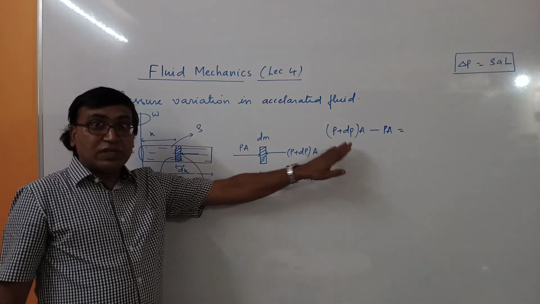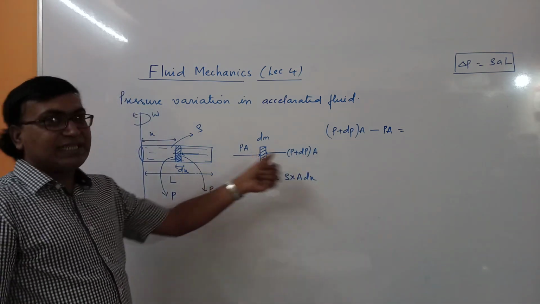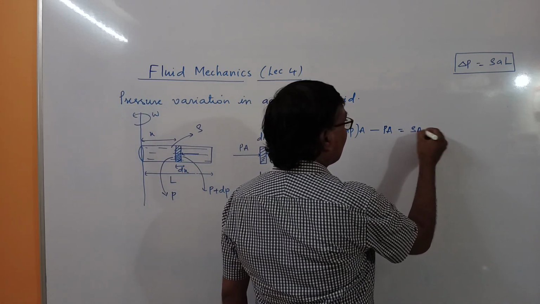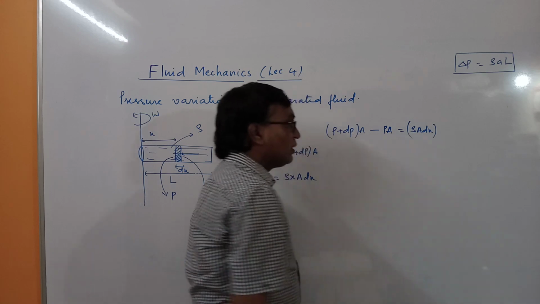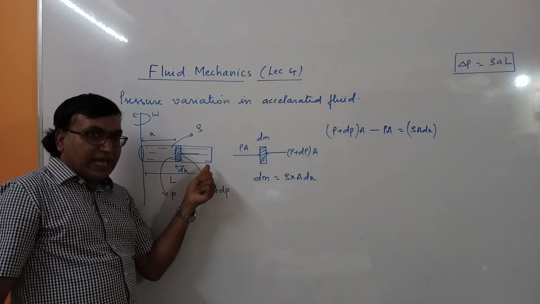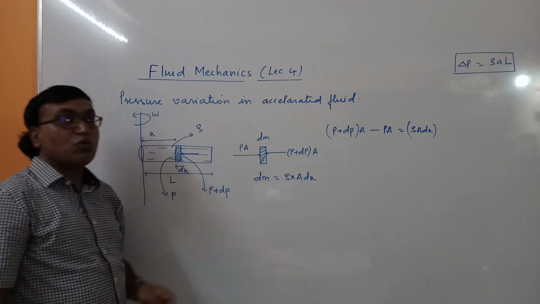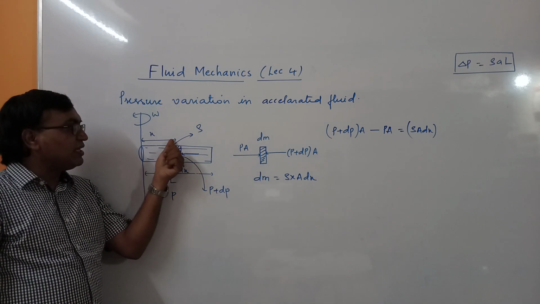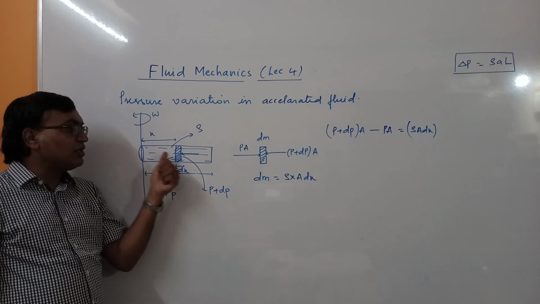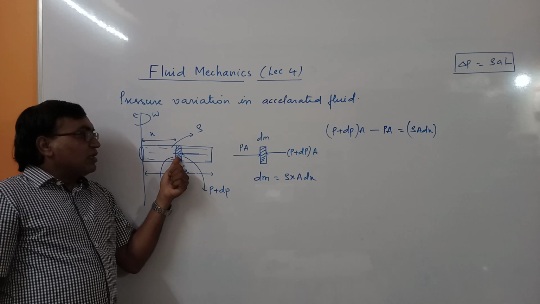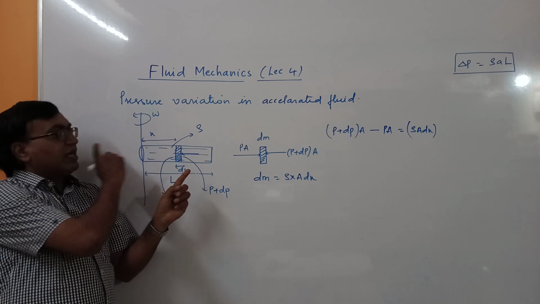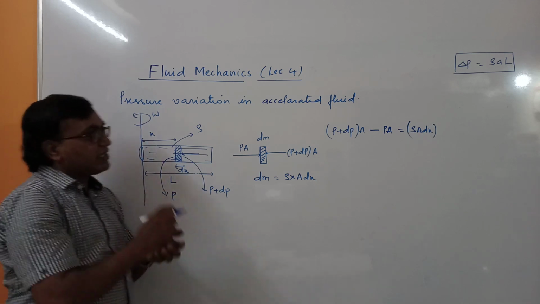This net force towards the center must be equal to mass into acceleration, that is dm into centripetal acceleration. The centripetal acceleration is omega square x. We have considered the distance from the axis of rotation till this small element to be x, so this small element will be rotating in a radius of x.